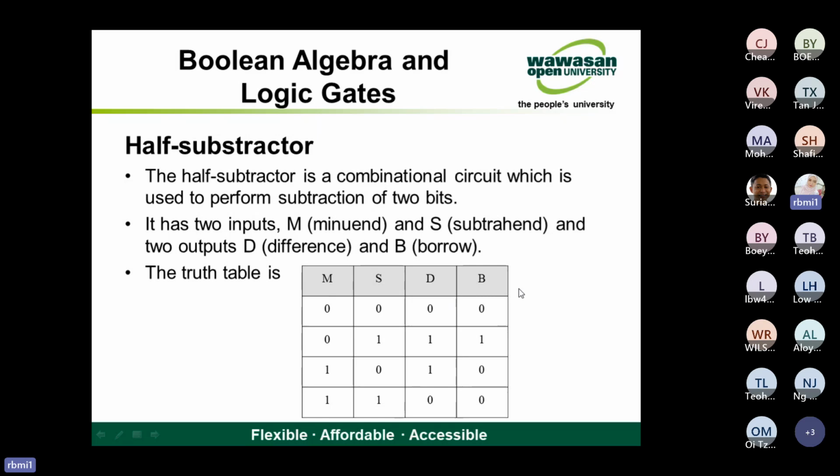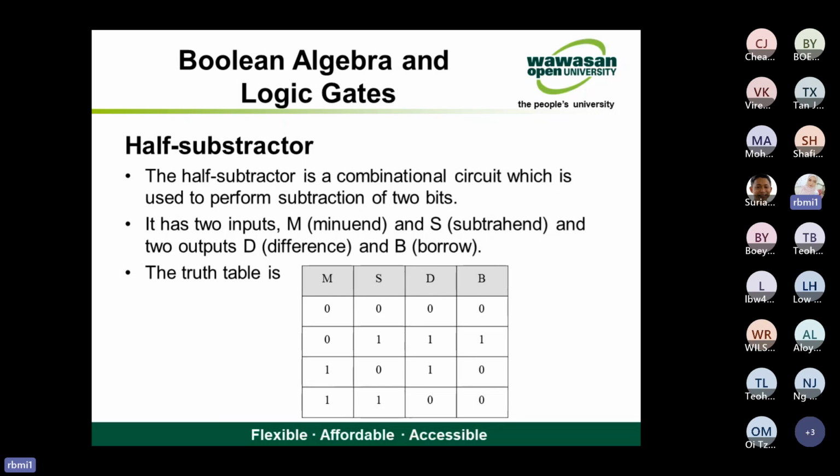This is the logic symbol of the half subtractor, and this is the corresponding truth table. If we look at this truth table, we should realize that the subtrahend bit S is subtracted from the minuend bit M.